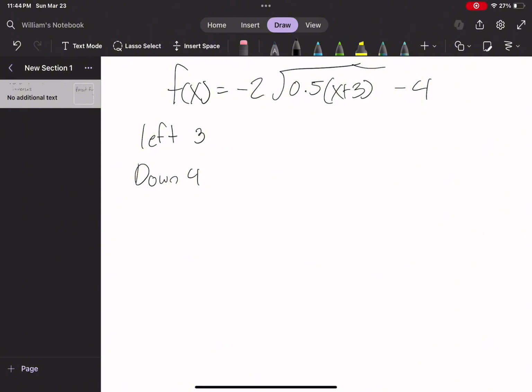So let's go to this negative 2. We see the negative in front of it, so that means that'll be a reflection over the x-axis.